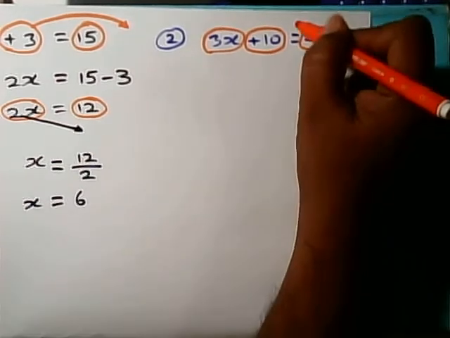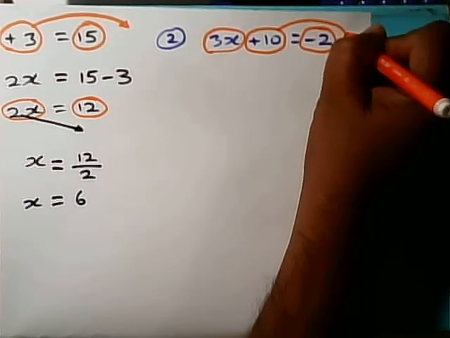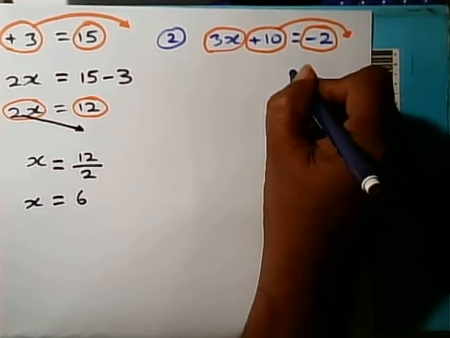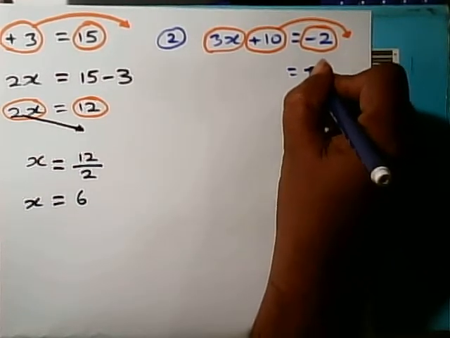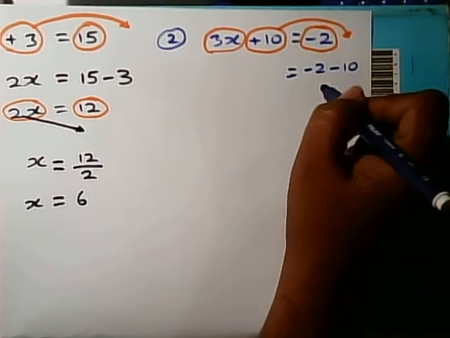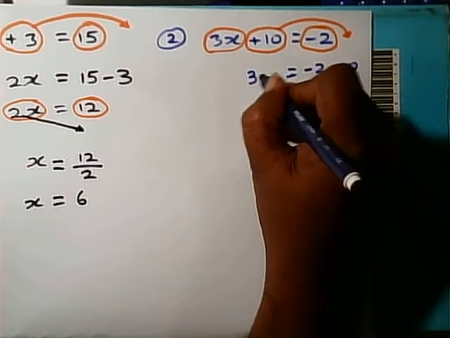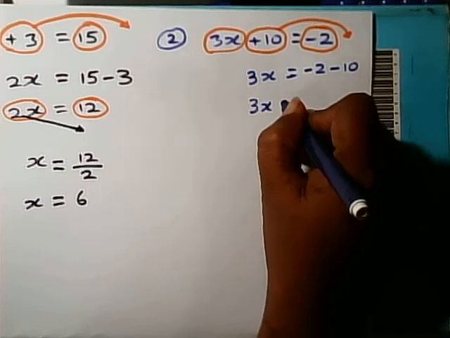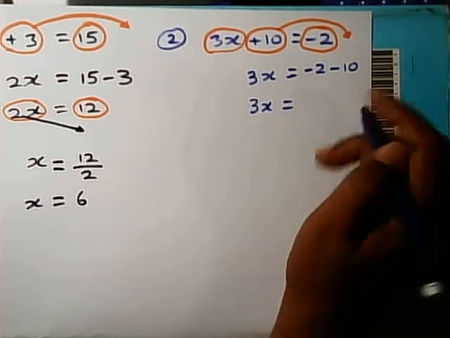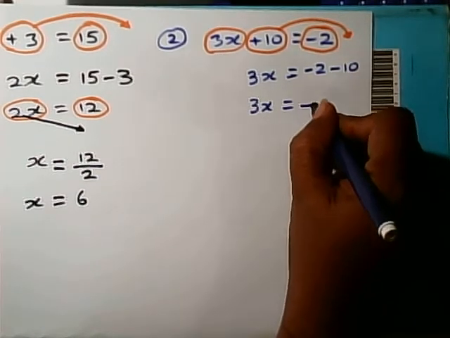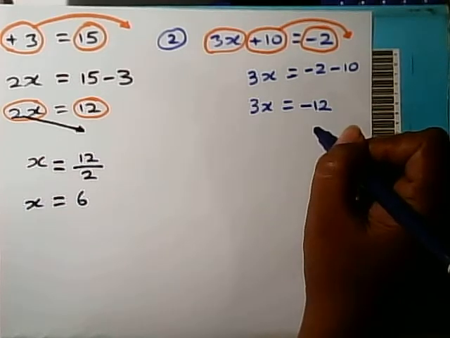First thing we'll do is draw an arrow to show that I'm going to move this plus 10 across. So we end up with, on this side, a minus 2 didn't move, but we have now a minus 10 behind here. And on this side we have 3x. So 3x is equal to, go down 2 and go down 10. It's kind of like you're down at minus 12.